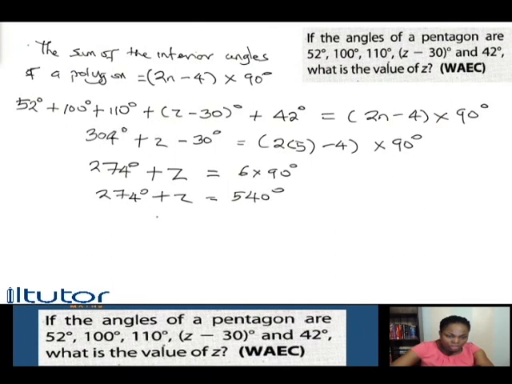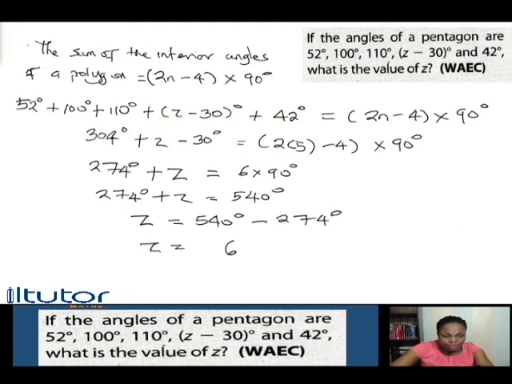540 degrees. So that you have that z is equal to 540 degrees minus 274 degrees. 10 minus 4 will give you 6.